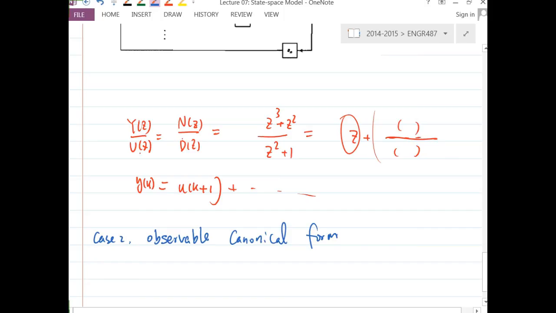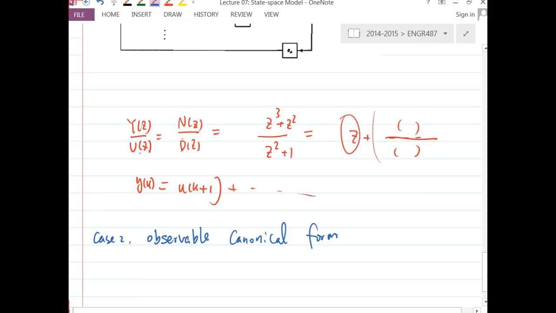Same way: we need to come up with a simulation diagram here, right? I'm going to use the same system to create the simulation diagram, but this time I'm going to create it in a slightly different way.